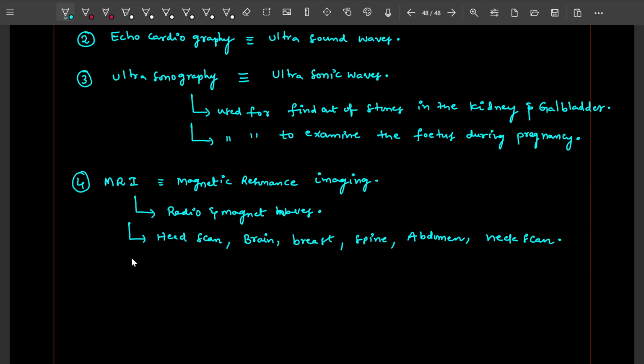These are the various functions of this MRI and the waves it uses.